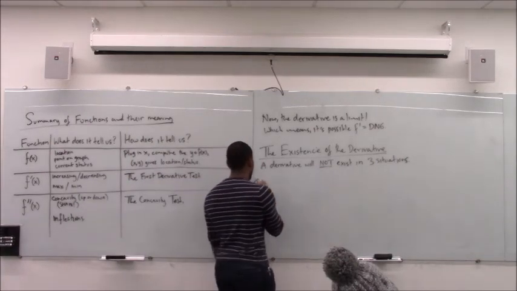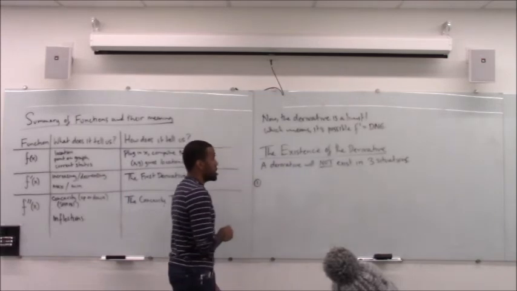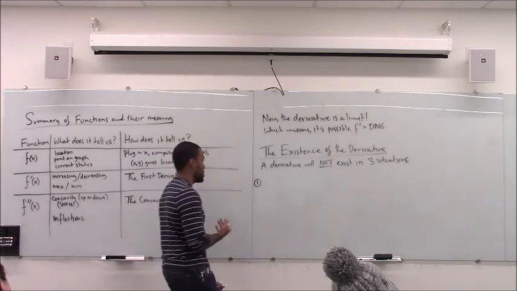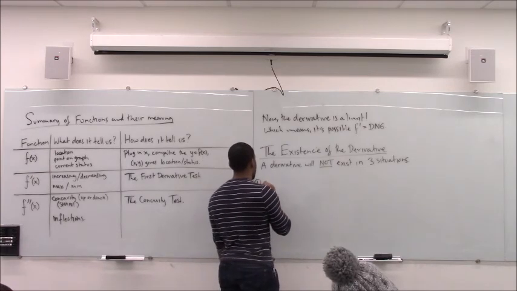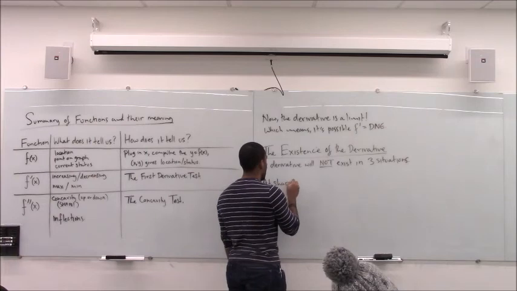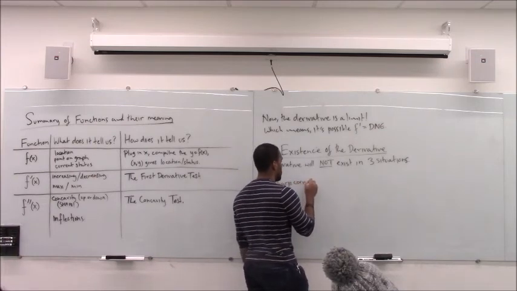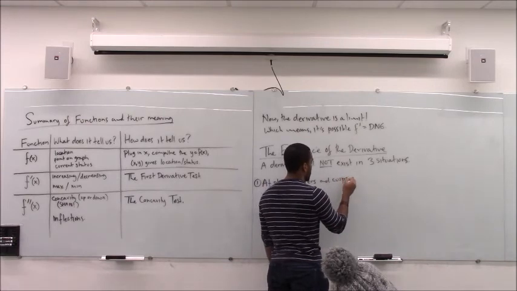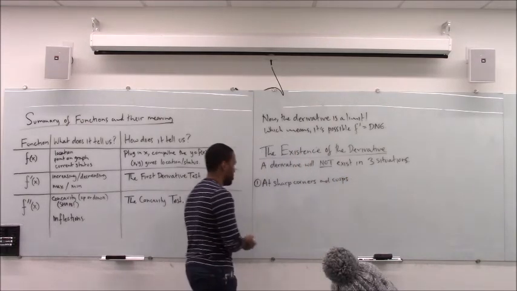So the first situation, when is it not possible to compute a derivative? At what point will the derivative not behave? It's not something that can be calculated. At sharp corners and cusps. A cusp is also a sharp corner, just a little faster.